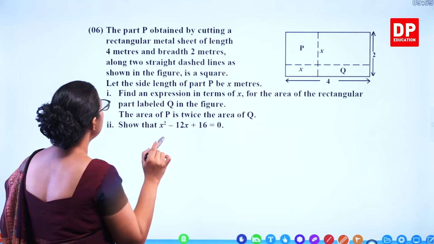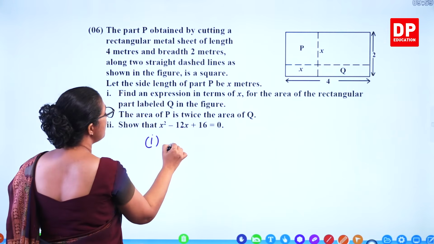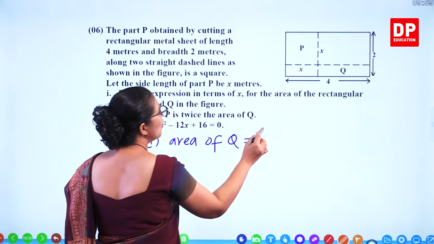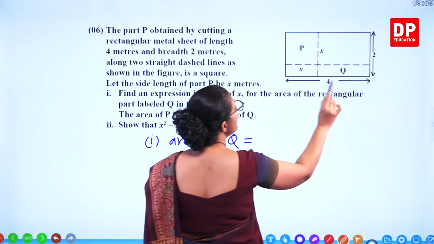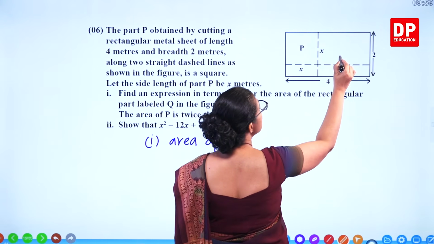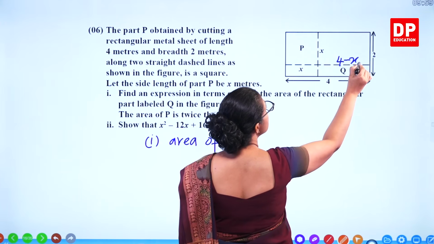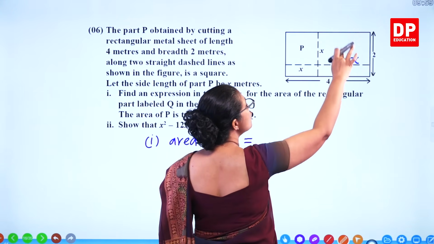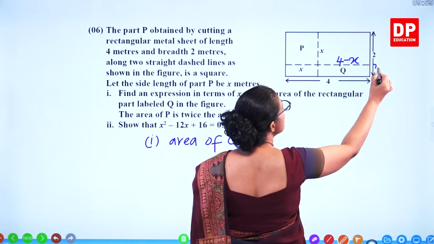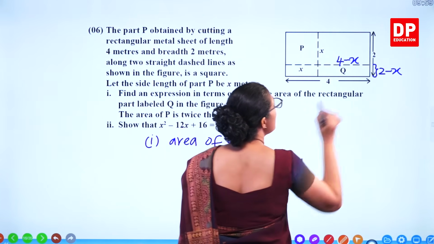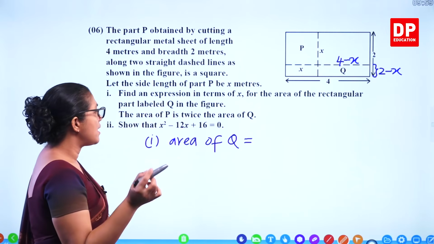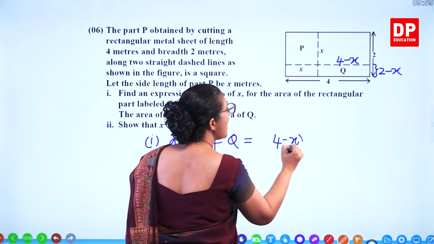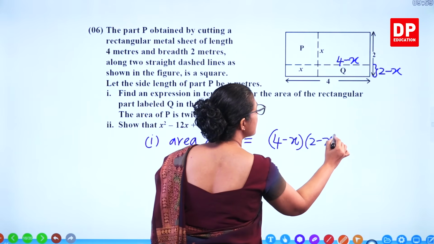How do you write down the area of Q? Take a look. The whole length is 4. This is x. So what is this length? 4 minus x. What is the breadth of this area? So the whole thing is 2 and this is x. So this part becomes 2 minus x. Now you can multiply length and breadth. So 4 minus x and 2 minus x.